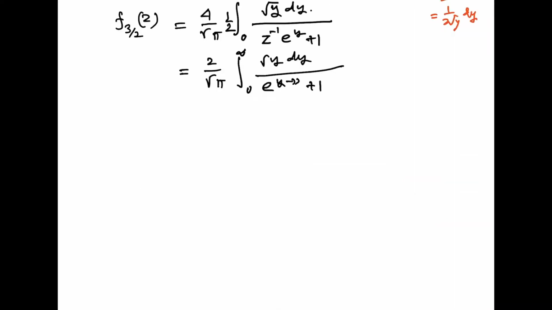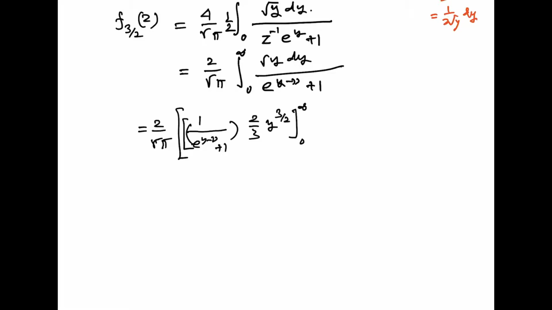Let's integrate this partially, and then we will get 2 by root pi outside. Let's take 1 by e to the power y minus nu plus 1 as the first function, and the second function is root y, which will be integrated to 2 by 3 y to the power 3 by 2, and this limit is from 0 to infinity, minus 2 by 3 integral 0 to infinity y to the power 3 by 2.